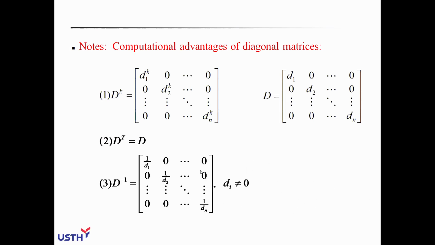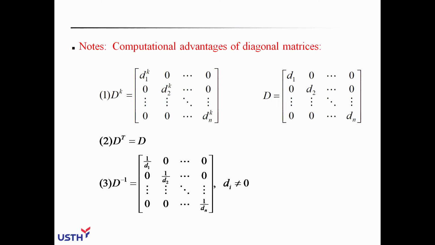And the inverse: in the case that all the entries lying on the diagonal are non-zero, D is an invertible matrix, because the determinant will be the product of D1, D2, up to Dn, and that product is non-zero.